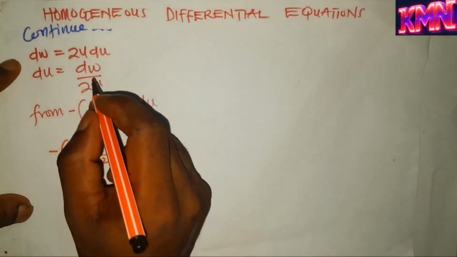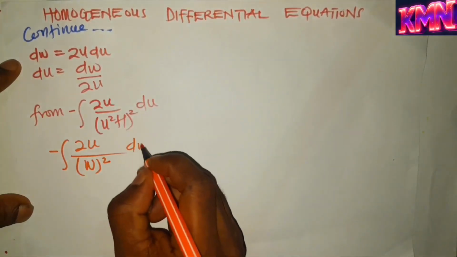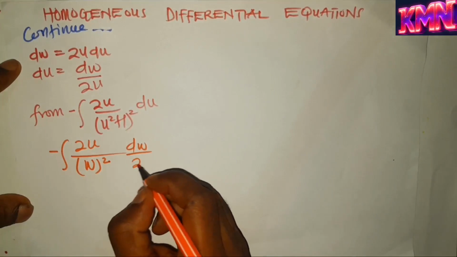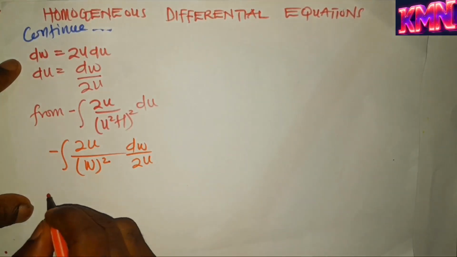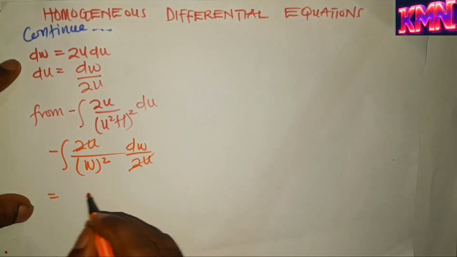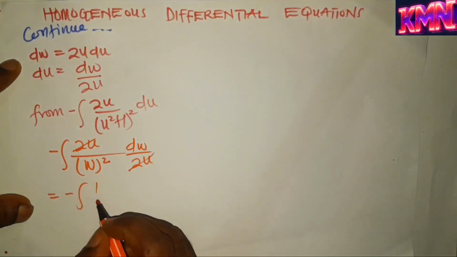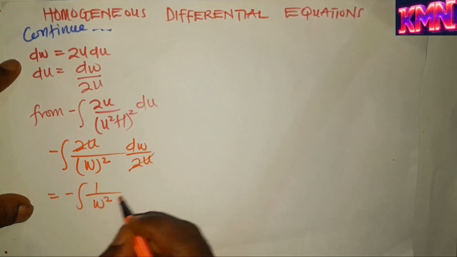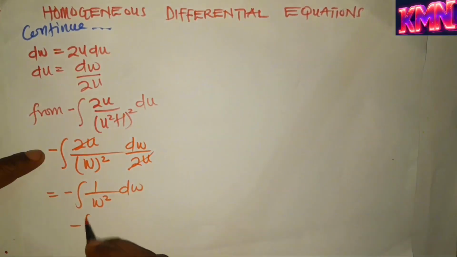Now du is dw on 2u. So you can see that this cancels this, and hence we have negative integral of 1 on w^2 dw, which we can also write as w to the power negative 2.